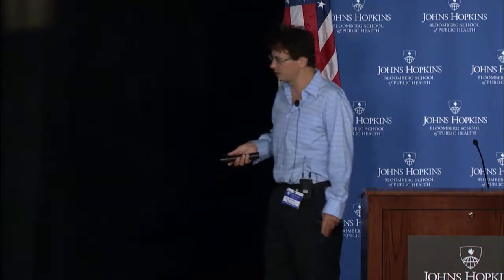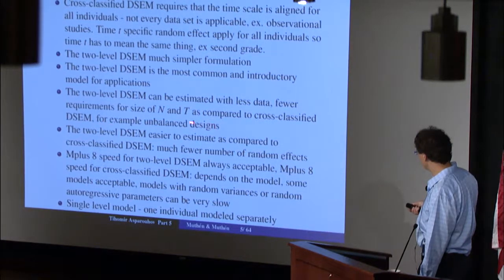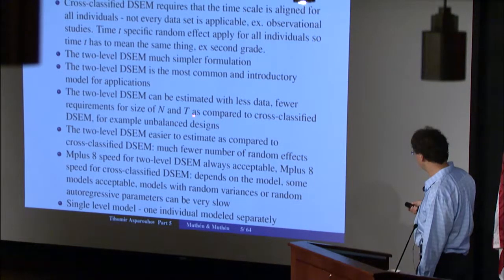So the cross-classified DSEM model is much slower than the 2-level models. On the other hand, 2-level DSEM models, regardless of the model, give an acceptable speed for estimation.